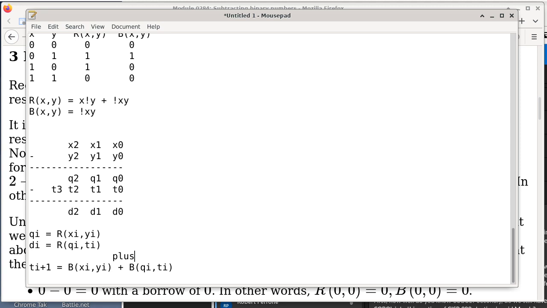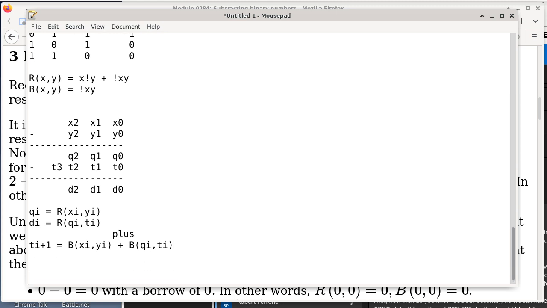Okay. And the same question, same as last time, is basically, can we have this borrow being a 1 and also this borrow being a 1 at the same time? What do you think? Okay, so what you need to do is to evaluate what happens when one is a 1. So if you say the borrow of xi yi is a 1, okay, let's assume that one is a 1.